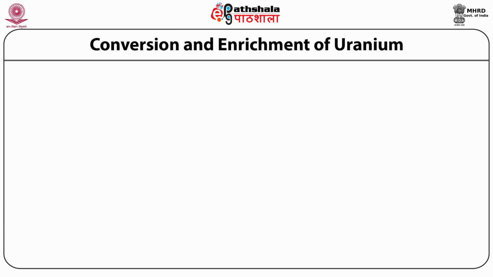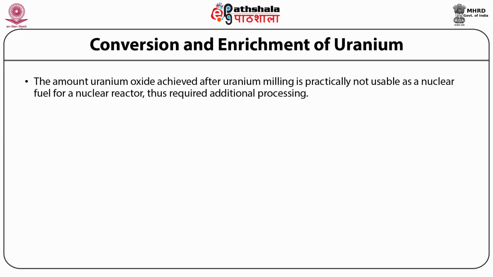The next step is the conversion and enrichment of uranium. The uranium oxide achieved after uranium milling is practically not usable as a nuclear fuel for a nuclear reactor. Thus, it requires additional processing.